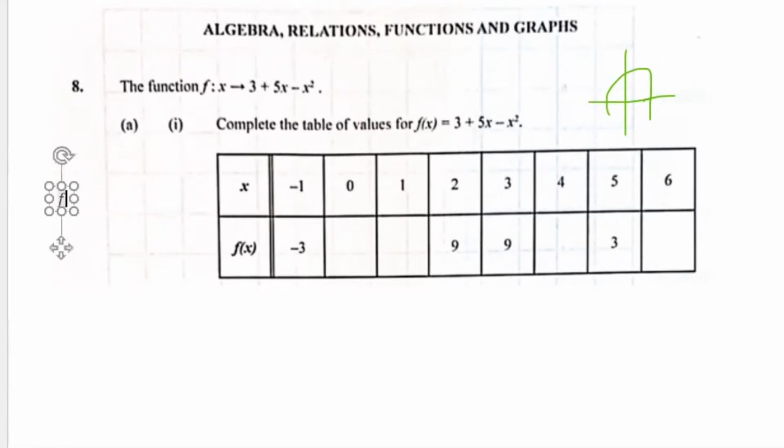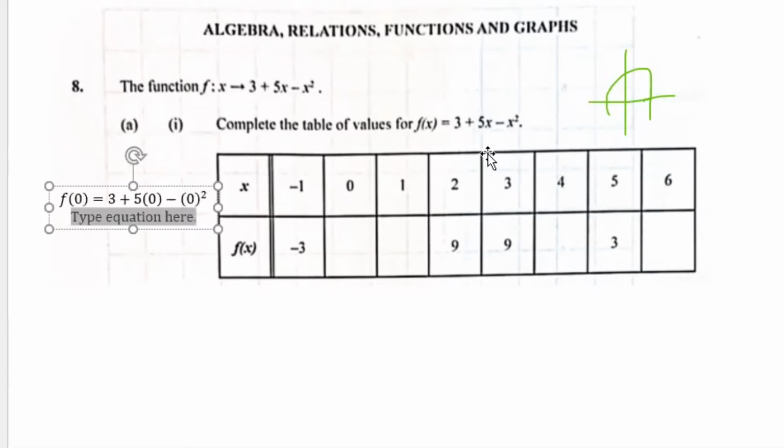We're starting with f of 0, which means that everywhere in the equation that we see x, we will put 0. So it is 3 plus 5 times 0 minus 0 squared. So f of 0 is equal to 3, because 5 times 0 is 0, and minus 0 squared is 0.